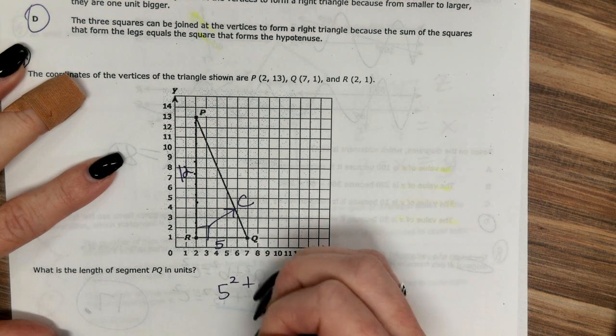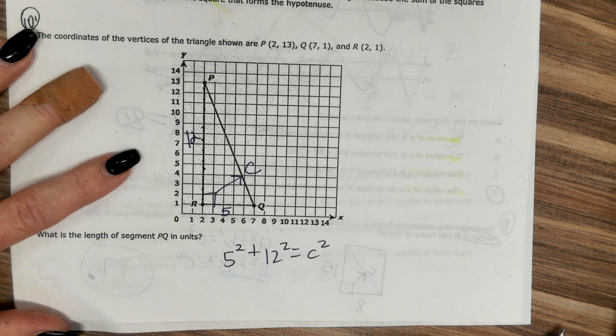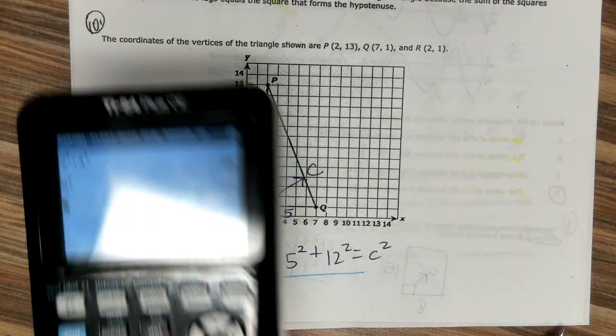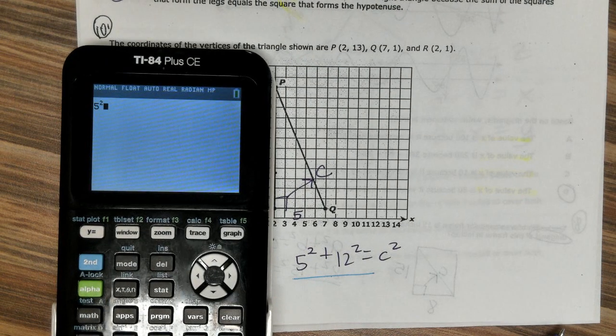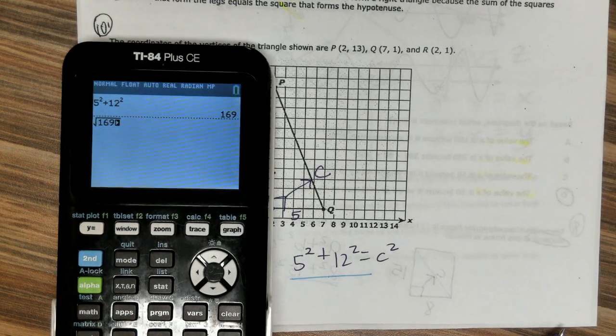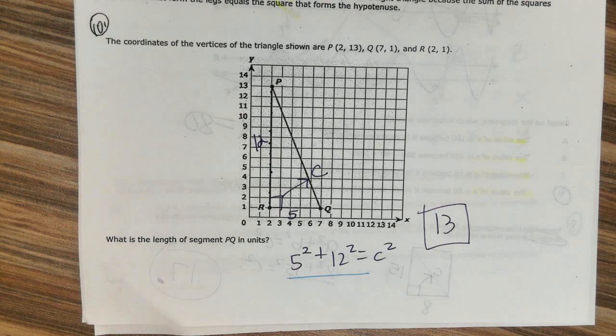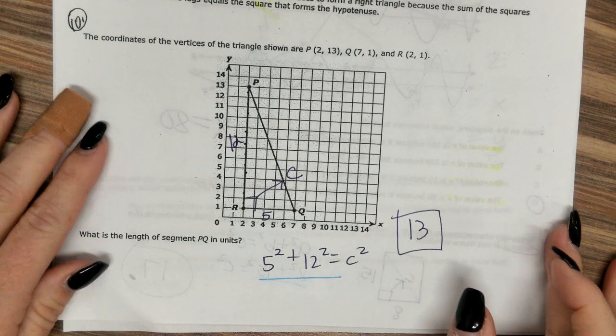So you're doing 5 squared plus 12 squared equals c squared. Am I adding or subtracting? Adding. 5 squared plus 12 squared. Is that my answer? Nope. I got to square root it, and the answer was 13. I need y'all to follow along quickly because I'm moving fast.